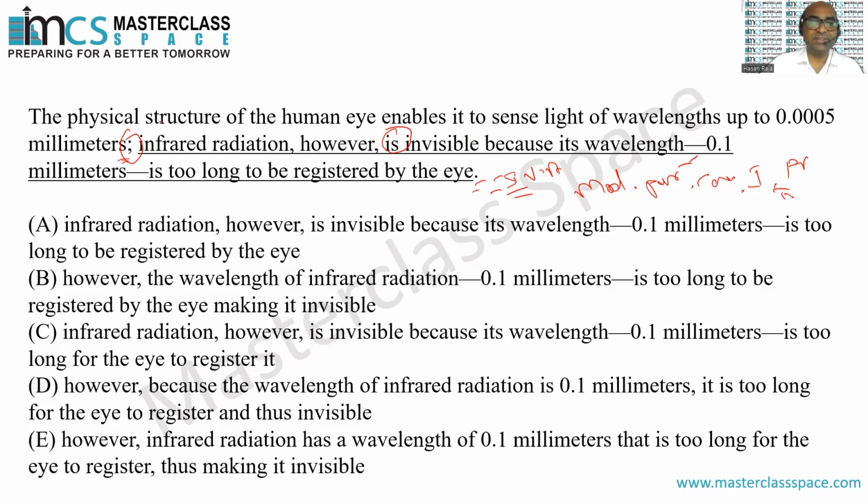Because of the conjunction, it says human eye structure enables it to sense light of wavelength up to this millimeters. Infrared radiation is invisible because its wavelength is 0.1 millimeters, and this is too long to be registered by the eye, meaning I cannot register it, right? So this is the intended meaning.